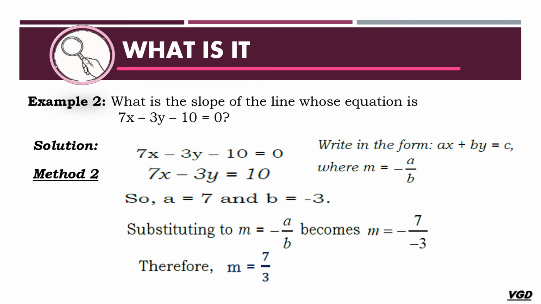So take note, a negative multiplied by a negative will always become positive. So therefore, our first method and the second method will have the same answer. You can use either of the two methods in getting the slope of the line.